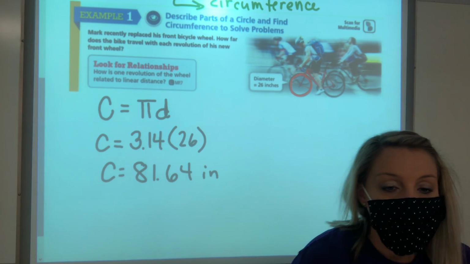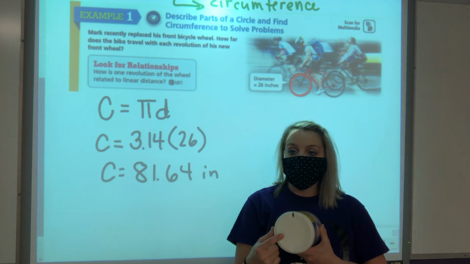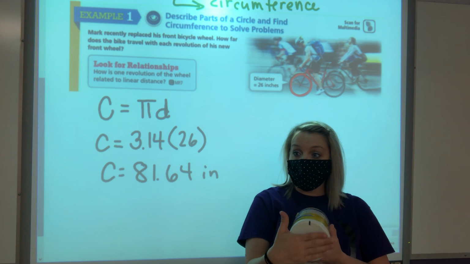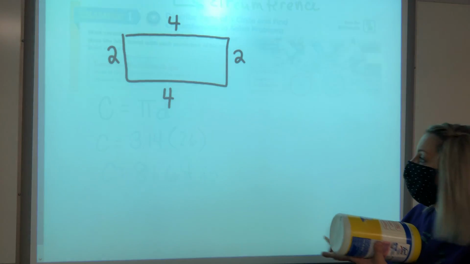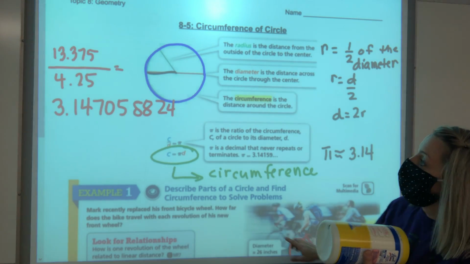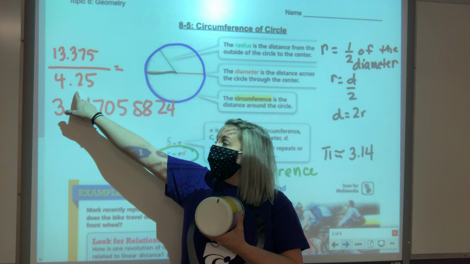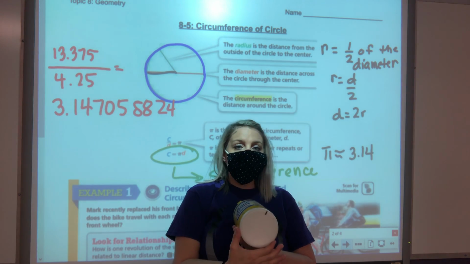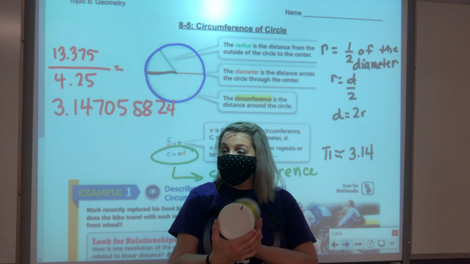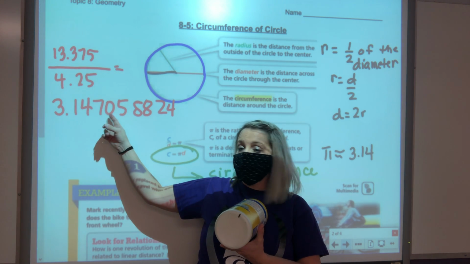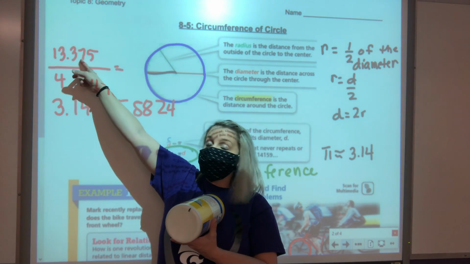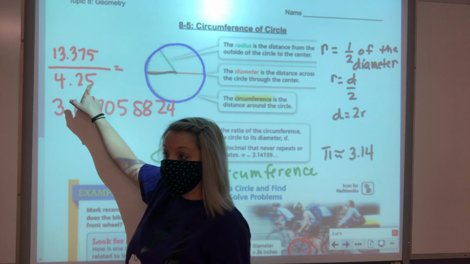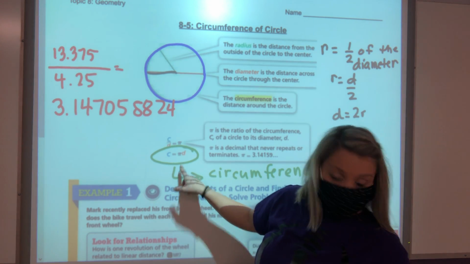Okay. So if I took the end of my Clorox bottle, I said that my diameter was 4 and 25 hundredths. So if I take 4 and 25 hundredths and multiply it by pi, I should be pretty close to this, correct? Because that's diameter times pi, which is circumference of a circle.